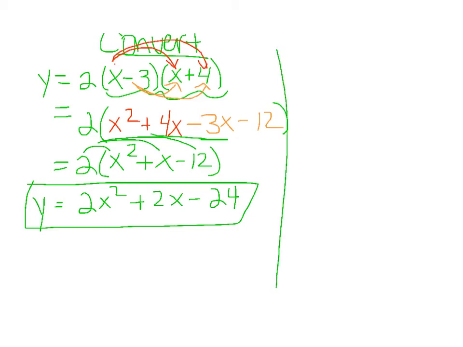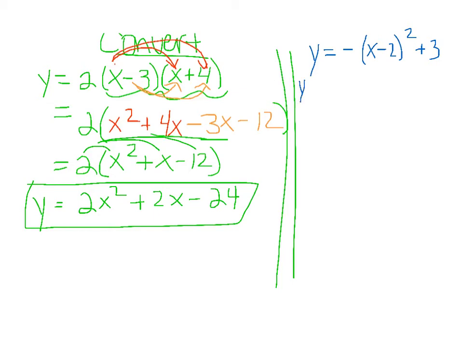The other way you'll see this is if I give it to you in vertex form. So if I give you the equation y equals negative x minus 2 squared plus 3. The first thing we need to do is understand that x minus 2 squared really just means x minus 2 times x minus 2.